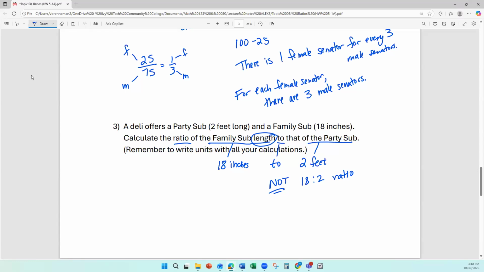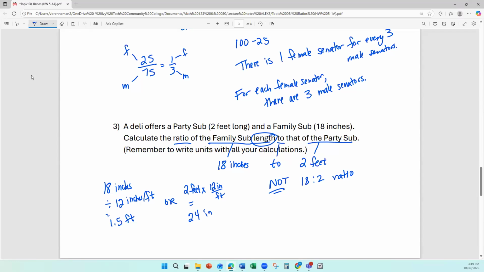So I need to convert, and so you could do 18 inches divided by 12 inches per foot would give 1.5 feet. Or you could do 2 feet times 12 inches per foot and get 2 feet is 24 inches.